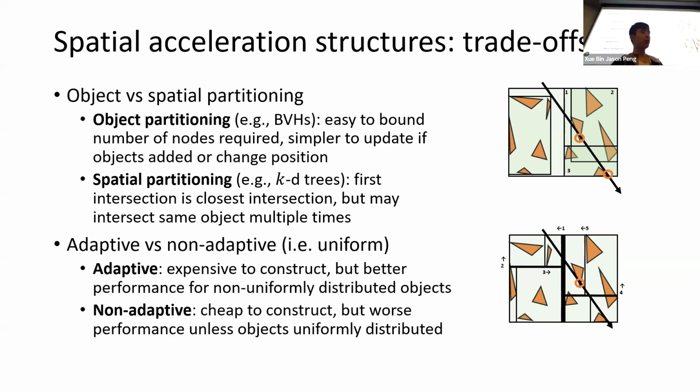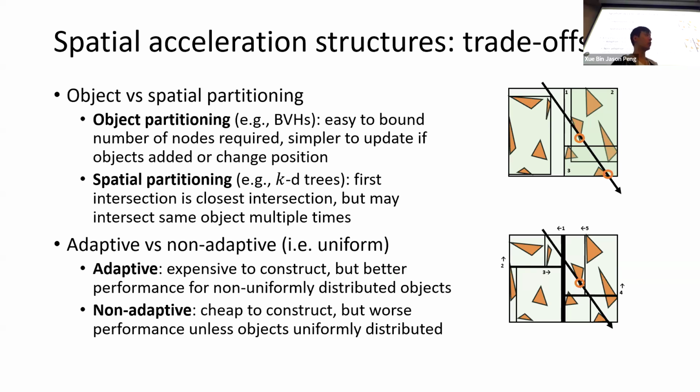But in this section, we've also taken a look at adaptive versus non-adaptive data structures. Adaptive data structures are like KD trees and BVHs, where we adjust the partitioning of the scene based on how many objects there are contained within the region of the scene.